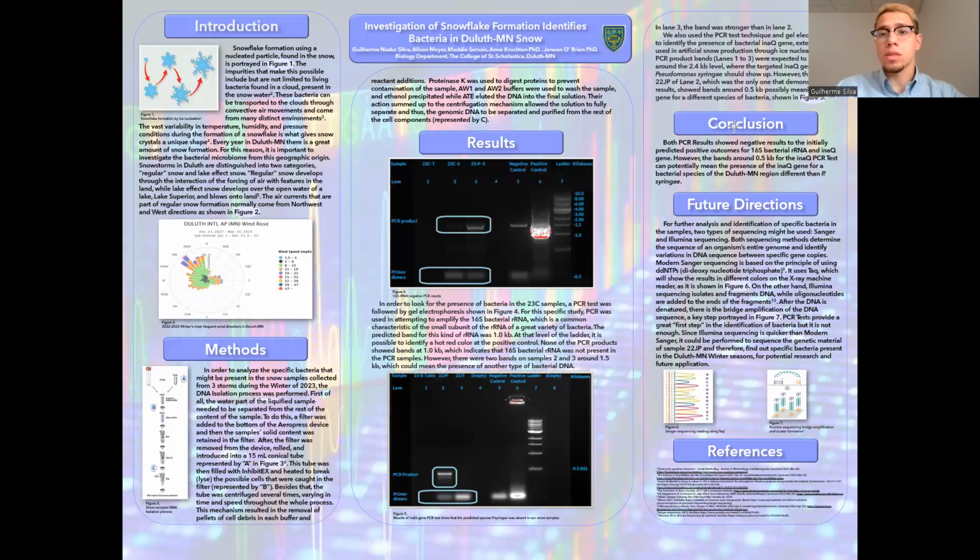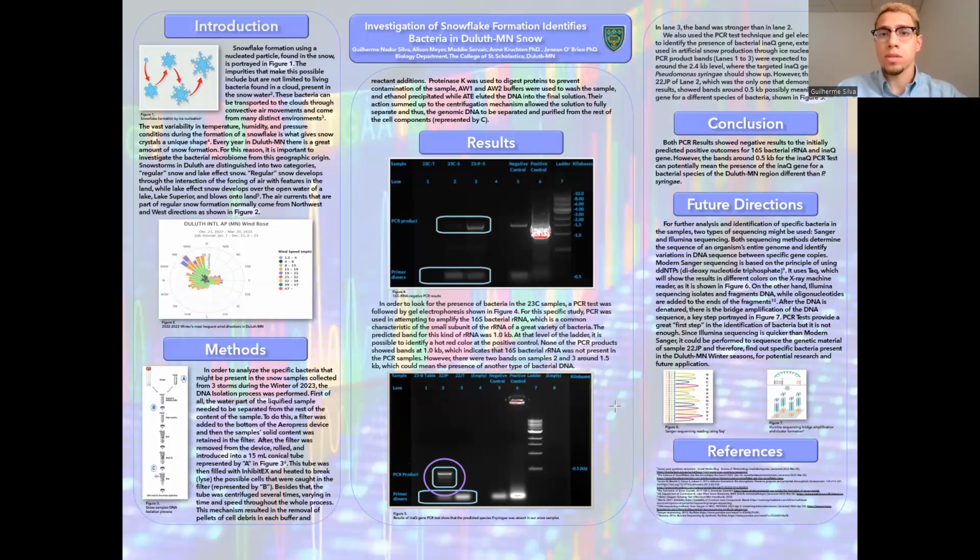And as a matter of conclusion, both of our PCR results showed negative results for what we initially predicted. However, for our second PCR result, which is this one here, and I just discussed it, we could bring the sample that we found at this level of the gel and at this length for further research using Illumina sequencing.